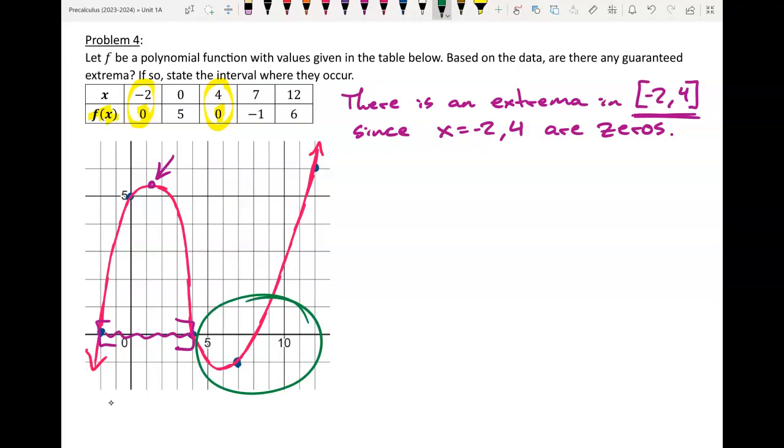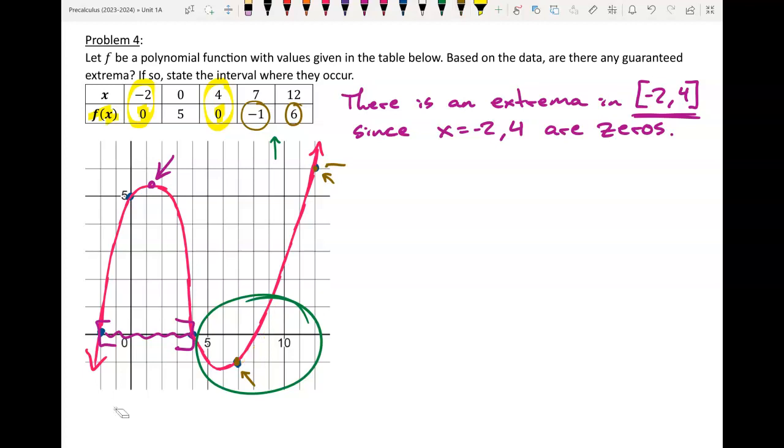And why is that? Well, we weren't given a 0. There's not another number here that was a 0, but what are we given? We are given that at 7 we are at -1, right here at -1, and then at 12 we're at +6 right here. Well, if I'm going from a negative to a positive, what do I have to cross on the way going from the negative to the positives? I have to cross the x-axis someplace.